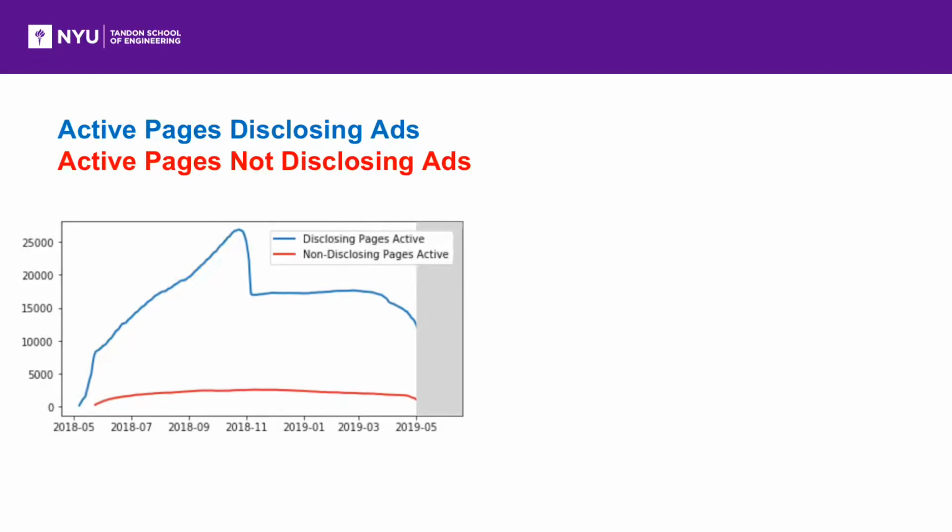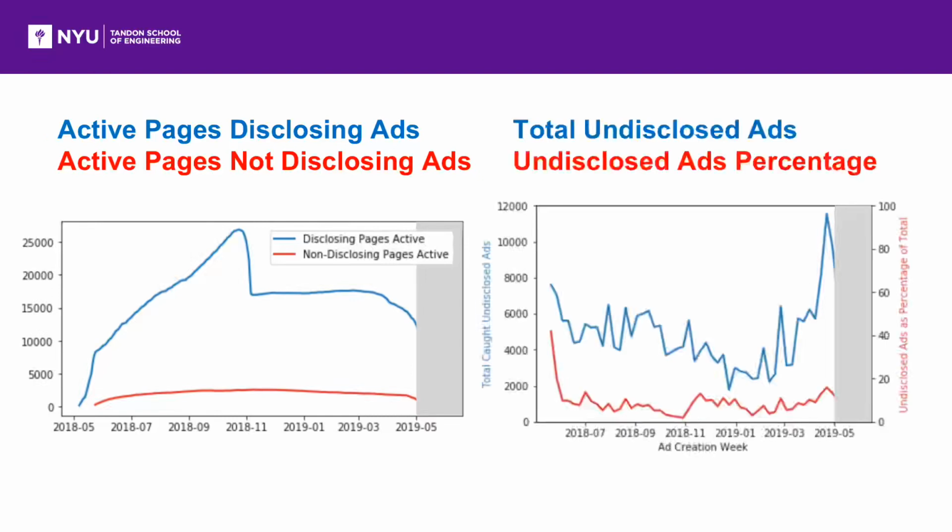As we can see, while disclosing pages with active political ads follow a pattern one would expect of peaking right before an election and then falling back down, pages running undisclosed ads remain at a relatively steady level over the entire study period. And if we look at just undisclosed ads, after the first month of the study period, there is no upward or downward trend in the number of undisclosed ads in the library or the percentage. They're just kind of ticking along at a constant rate.